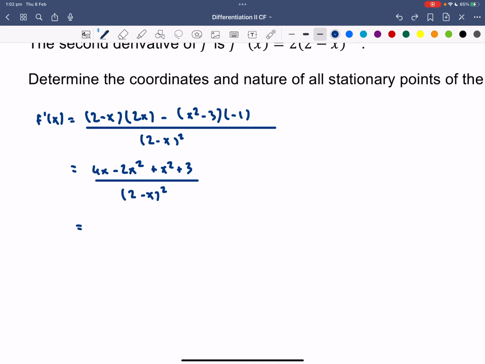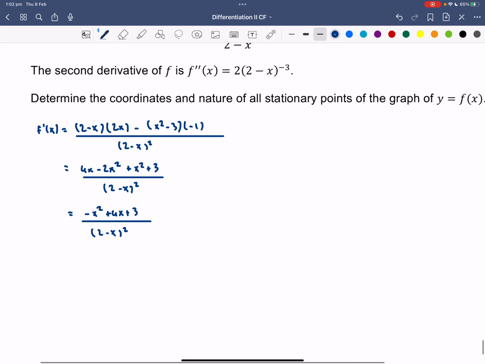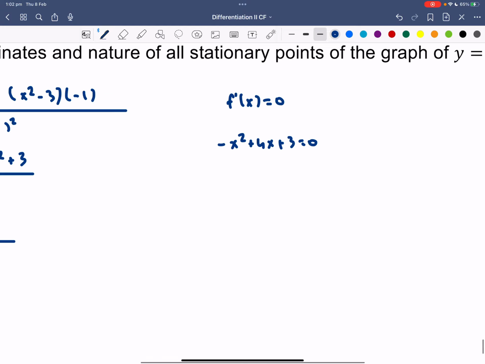That gives us minus x squared plus 4x plus 3, all over 2 take x squared. That is f dash x. Now we want to find out when it's equal to 0. When a fraction equals 0, the numerator is 0. I'll times everything by minus 1.